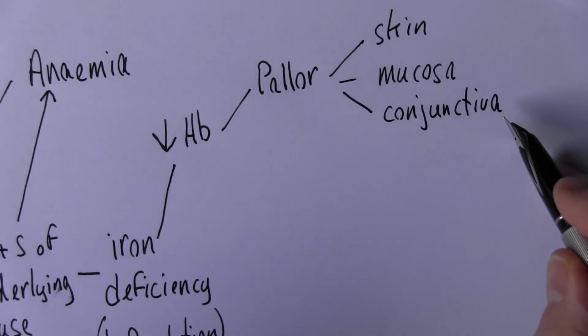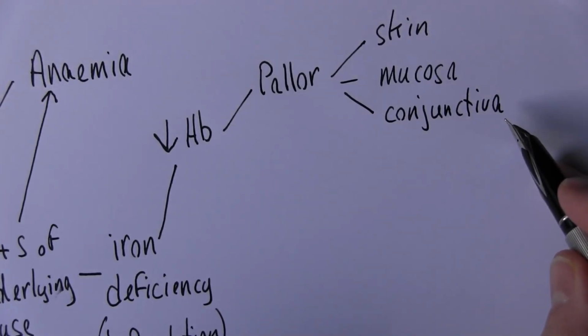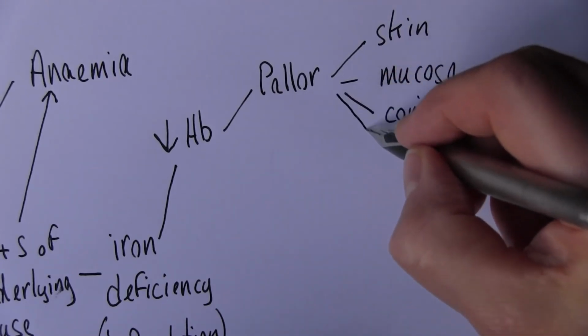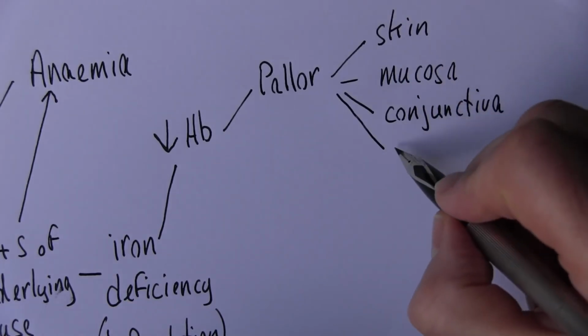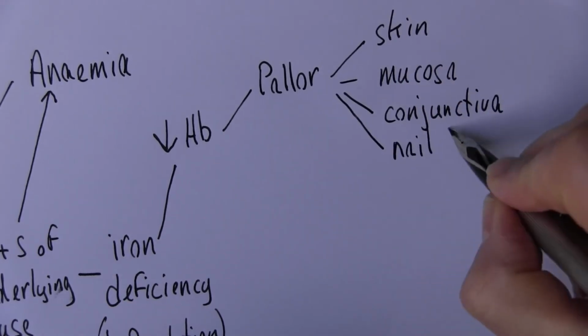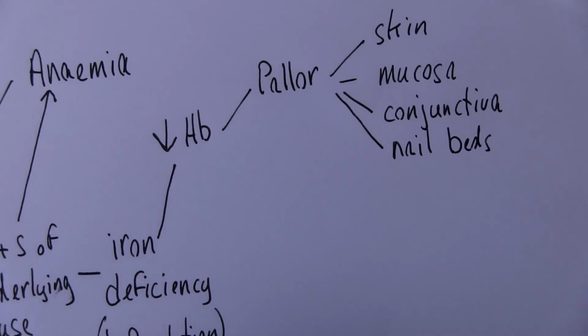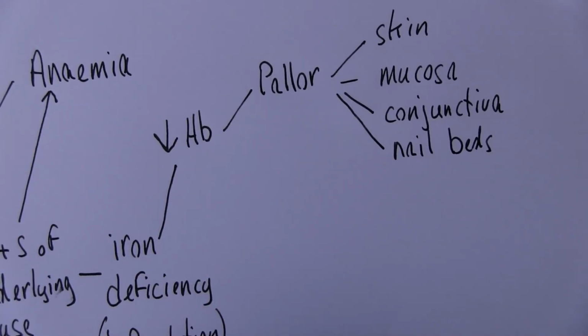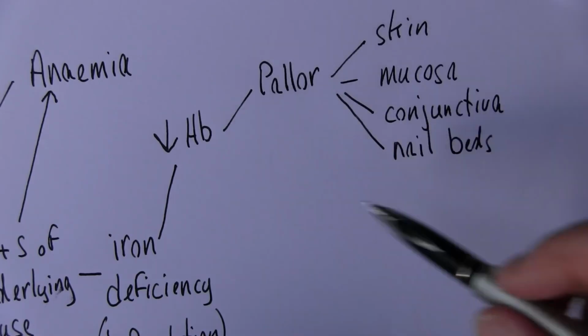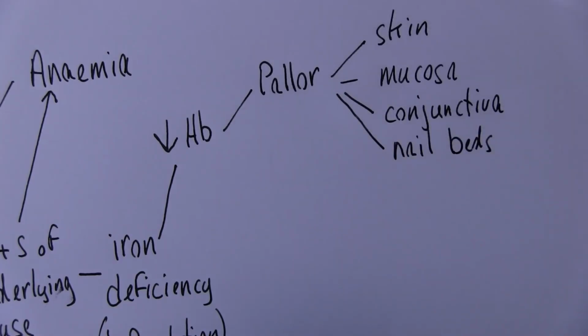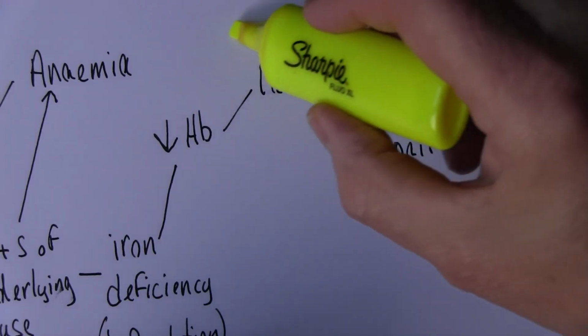If you just peel down the lower eyelid and look at the bottom of the conjunctival sac, it can appear pale. And another classic place for seeing the paleness is the nail beds. Pale looking nail beds. So that group's caused by the iron deficiency and the reduction in the hemoglobin.